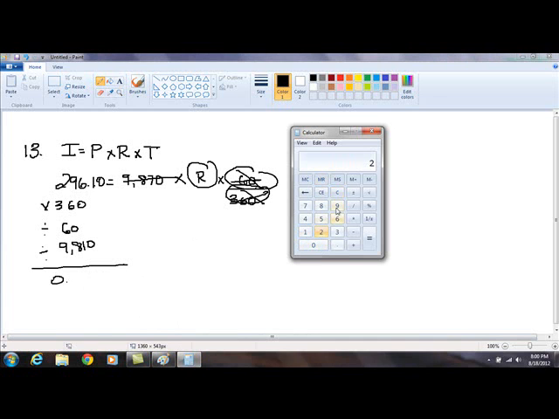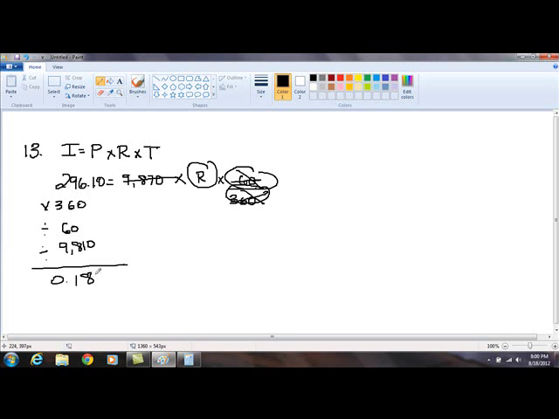Let me do it again. 296.1 times 360 divided by 60 divided by 9,870. Okay, that equals 0.18. So 0.18 equals my rate. I also know that my rate always has to be in the form of a percent. So 0.18 makes it 18%.